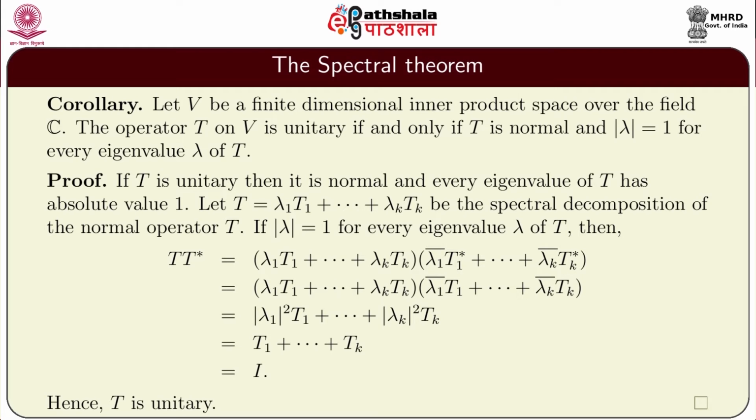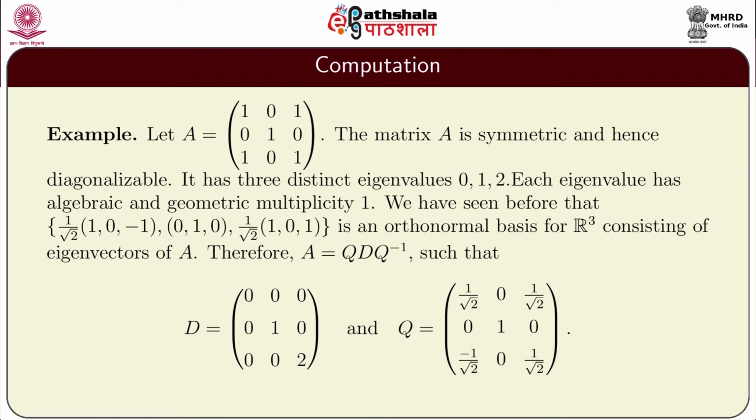That is the same as T1 + ... + Tk because |λi| is 1 for every i, and therefore it is equal to I, that is by the spectral theorem. Hence T is unitary. Let us now see some examples, and this will help us understand the spectral theorem better.